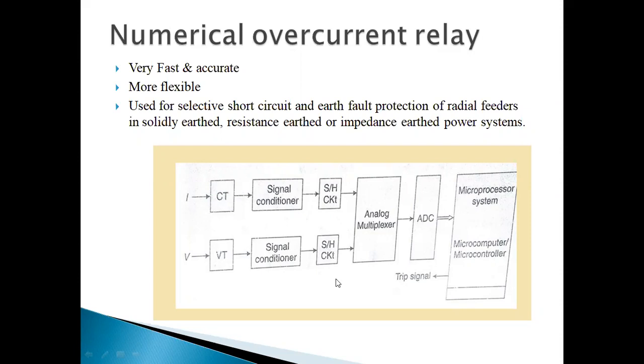So this is the numerical overcurrent relay, and this relay is used for selective short circuit and earth fault protection of radial feeders, in solidly earthed, resistance earthed, or impedance earthed power systems. So this relay can be used for short circuit and earth fault protection.